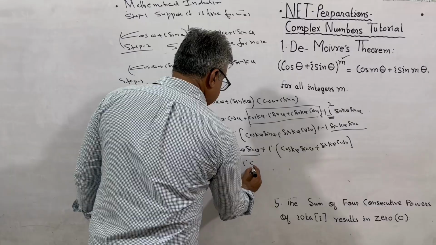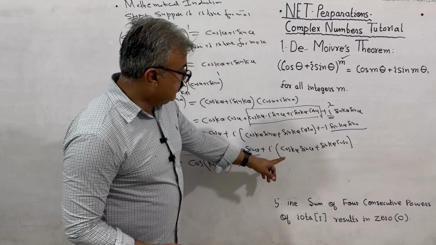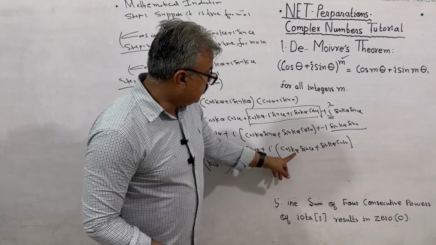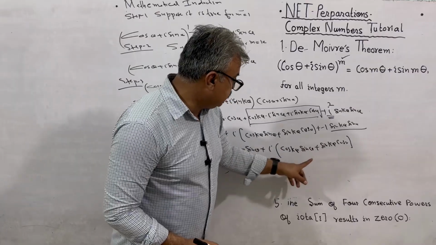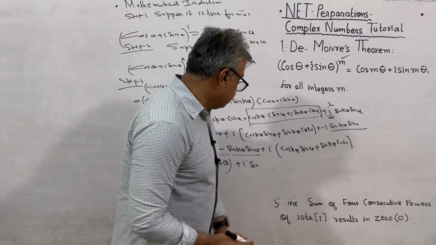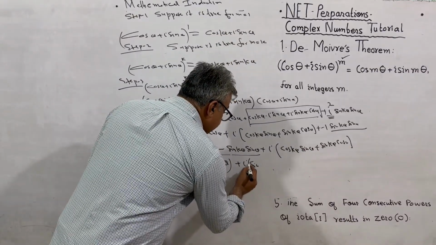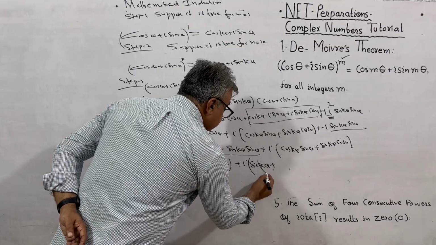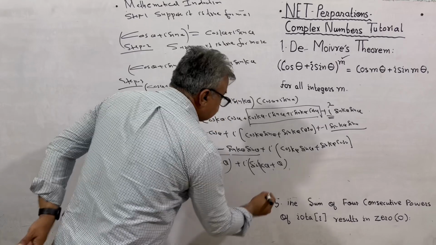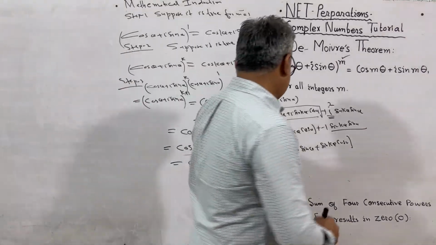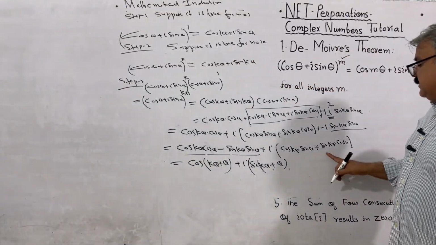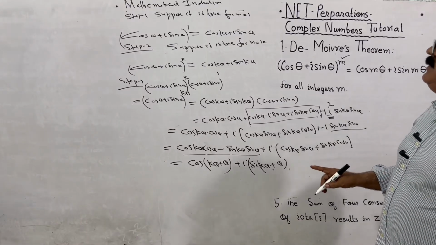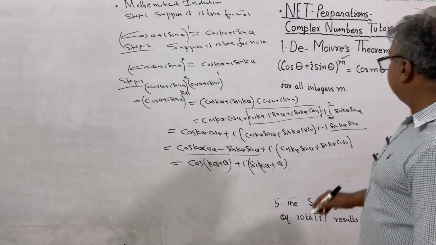What about this? Plus iota, it is sin alpha cos beta plus cos alpha sin beta. It is tantamount to sin alpha plus beta. Let me write both the identities for you as well.